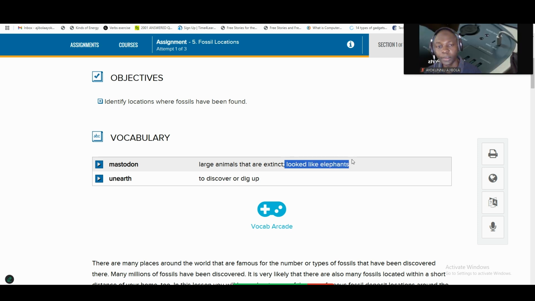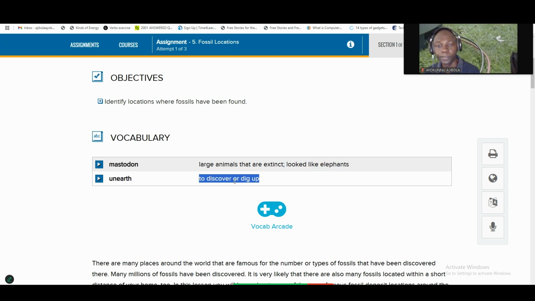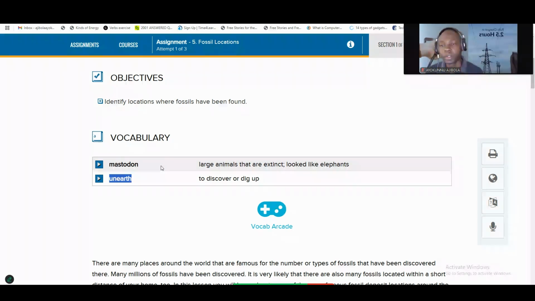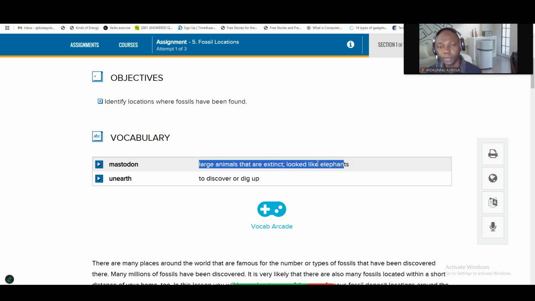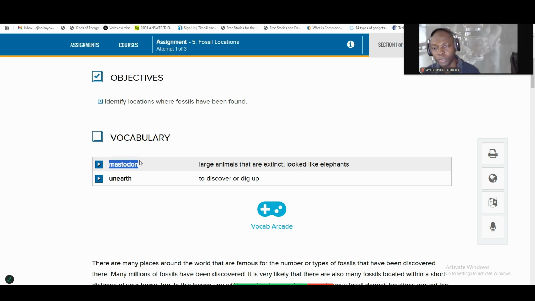They look like elephants. To unearth something means to discover something or to dig it up. When you dig something up out of the earth, you unearth it. So the large animals that are now extinct, the ones that look like elephants, those are mastodons.